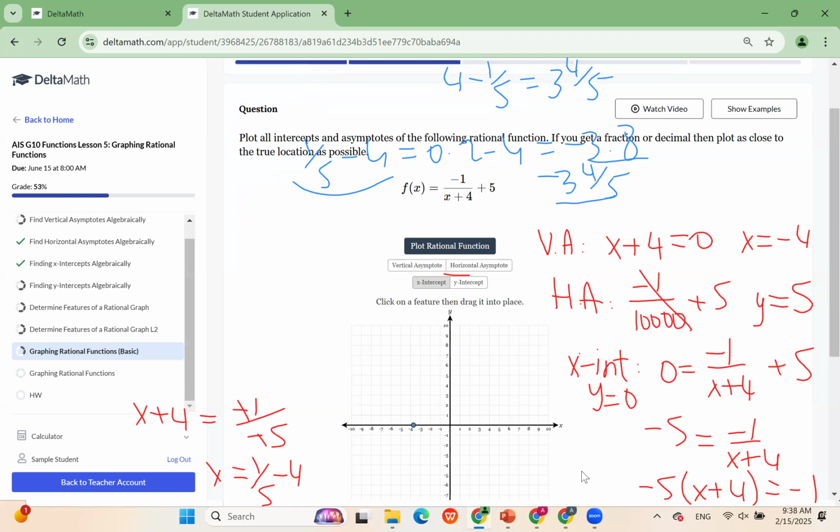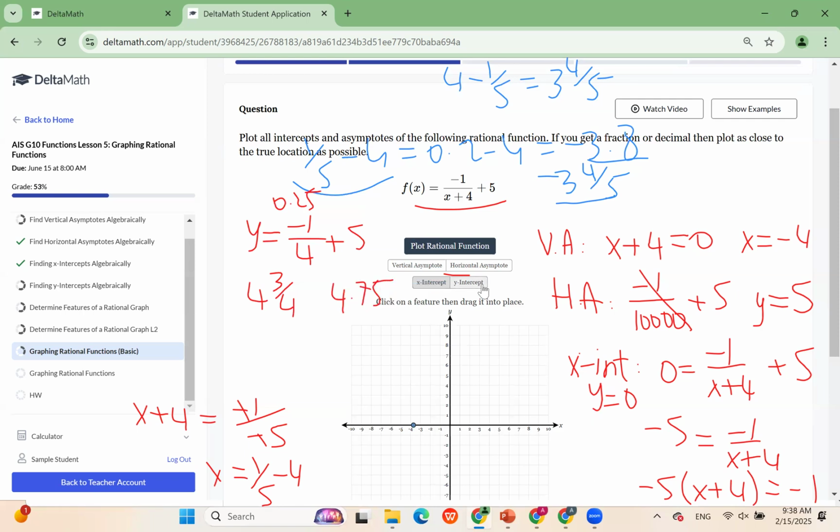For the y-intercept, we put x as 0, so this expression becomes y equals -1 over 4 plus 5. Again, same idea. It's either 5 minus 1 over 4 would be 4 and 3 over 4, or you can think of it as 0.25. So 5 minus 0.25 would be 4.75.